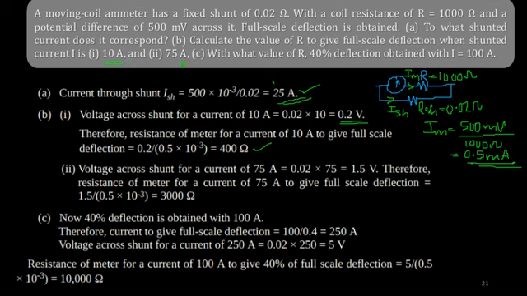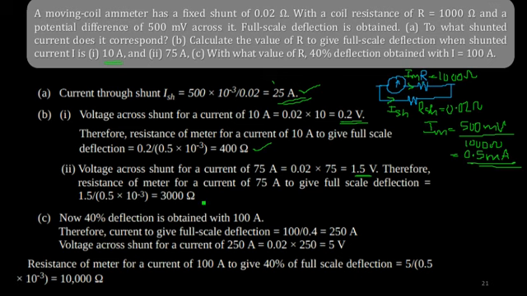Now instead of 10 ampere, if you are planning to pass 75 amperes through the shunt, the voltage across the shunt will be 0.02 ohms into 75 ampere, which will give you 1.5 volt. This 1.5 volt will be applied across Rm.